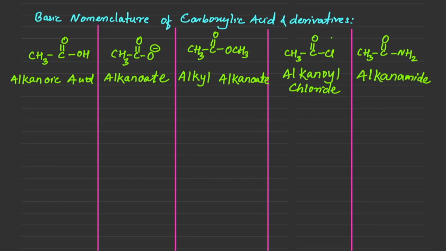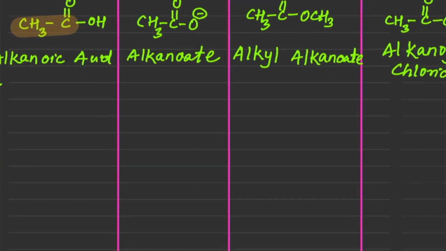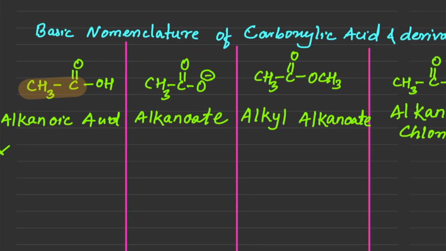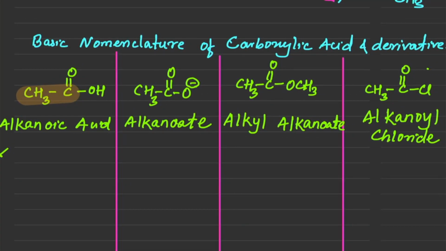So our longest carbon chain is this. How many carbon atoms are in here? 1, 2. So the longest chain containing our functional group has 2 carbon atoms. So this is going to be our parent.